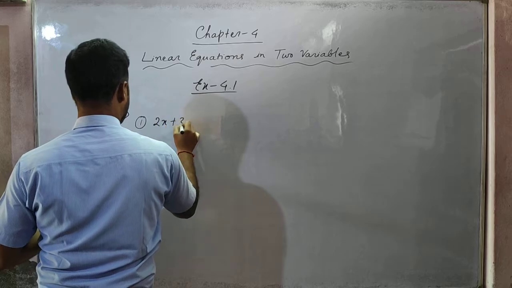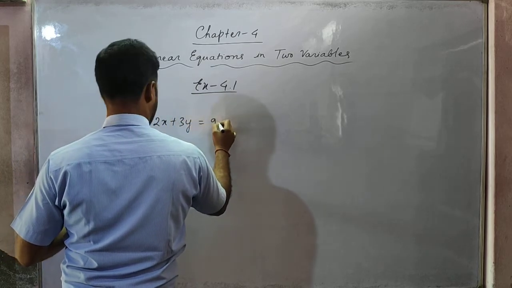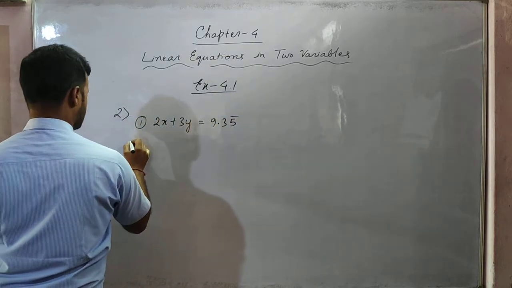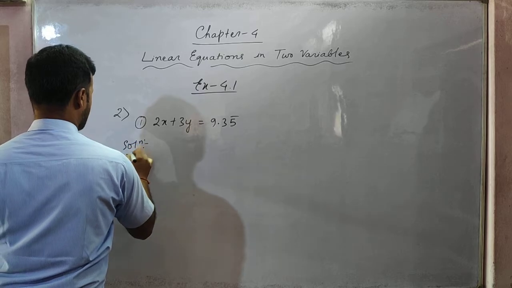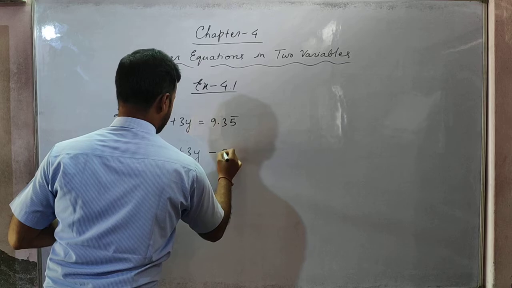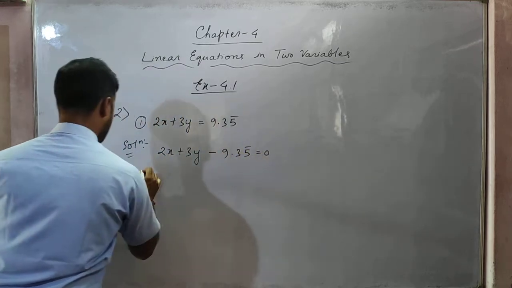2x plus 3y is equal to 9.35 bar. So, solution: 2x plus 3y minus 9.35 bar is equal to 0.